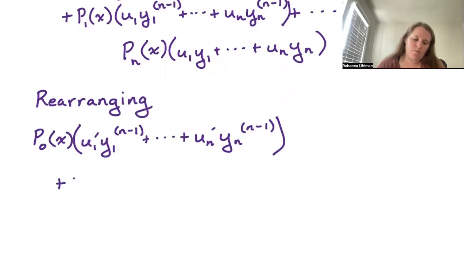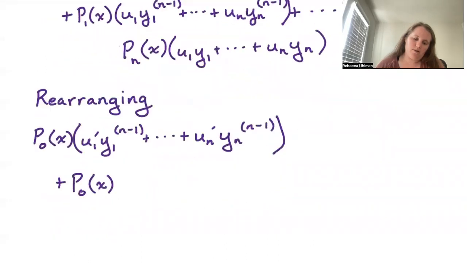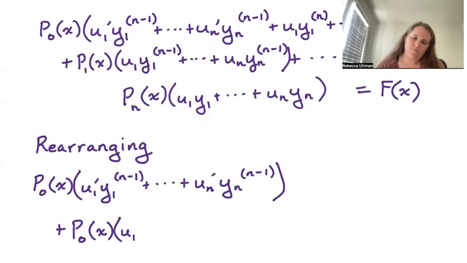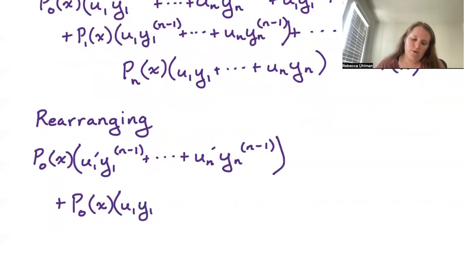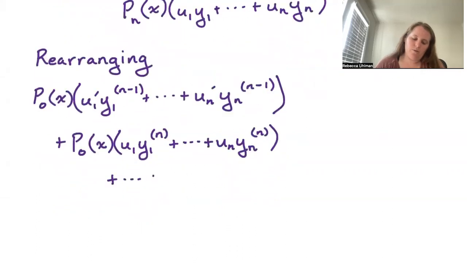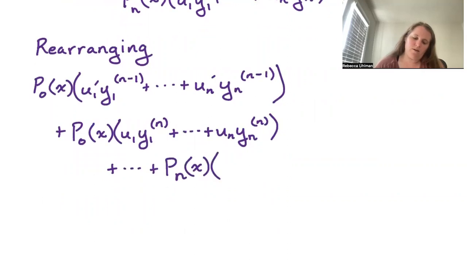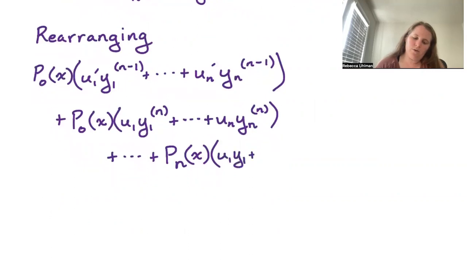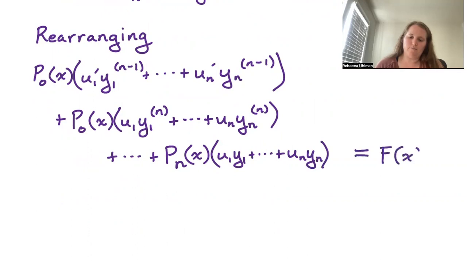Then we will have plus p0 of x times u1 y1 nth derivative plus all the way down to un yn nth derivative, plus all the way up through pn of x times u1 y1 plus all the way up through un yn. And then again, this is all equal to f of x.